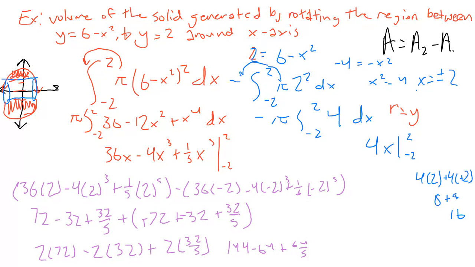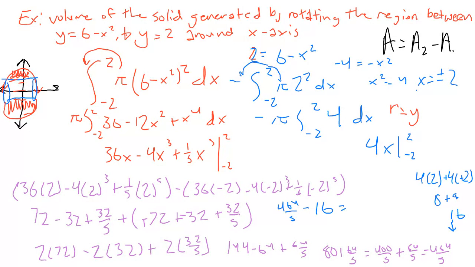So if we go ahead and look at this, we're going to get 80 plus 64 over 5, which is 400 over 5 plus 64 over 5, so 464 over 5. But now we have to remember to take into account this piece right here. So we're going to have 464 over 5 minus 16.